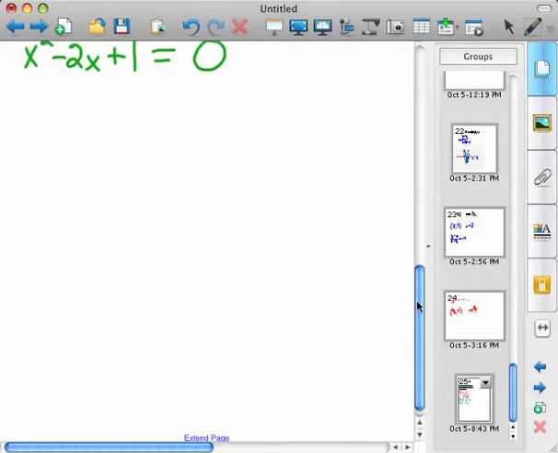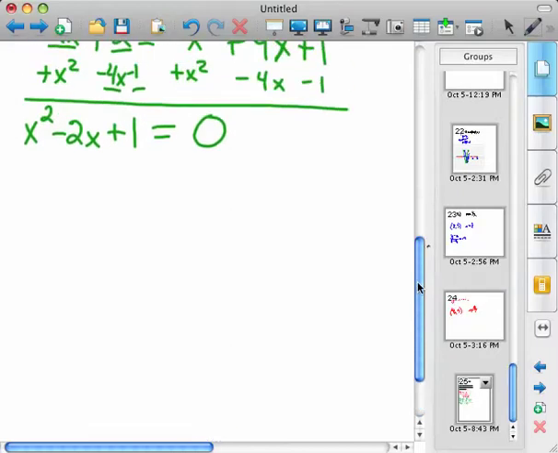Now at this point you could use completing the square or the quadratic formula, but I'm going to factor it because it looks like it factors fairly simply. And so it's minus, plus is minus minus, x and x, 1 and 1.